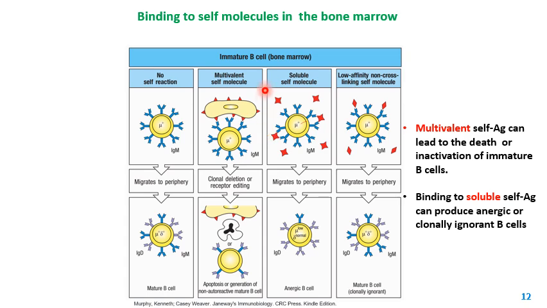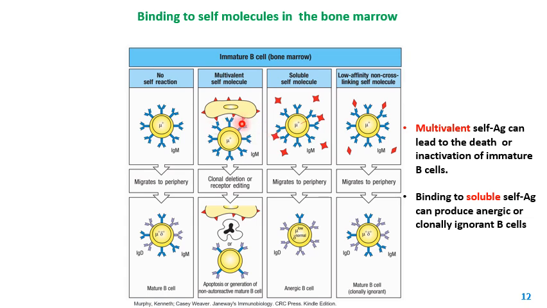Now look at this. In the bone marrow, besides the multivalent type of antigen exposure, you also have soluble self-antigens. When you have soluble self-antigen, look what happens. It's more difficult for the cell to be activated because that soluble antigen has to cross-link at least 2 of those receptors.